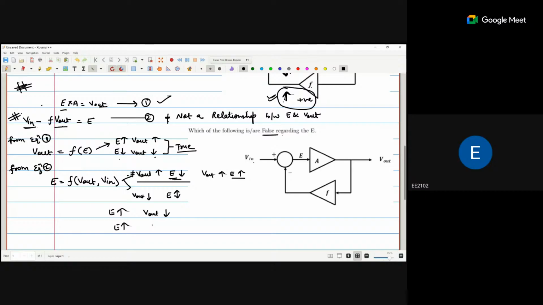If E decreases, V out decreases. So the only thing is that you have to check that equation 2 is not dependent only on V out, it is also dependent on V in. Most persons will consider equation 2 also, and according to equation 2, they say that if V out increases, E decreases. If V out decreases, E increases. But that is not true.